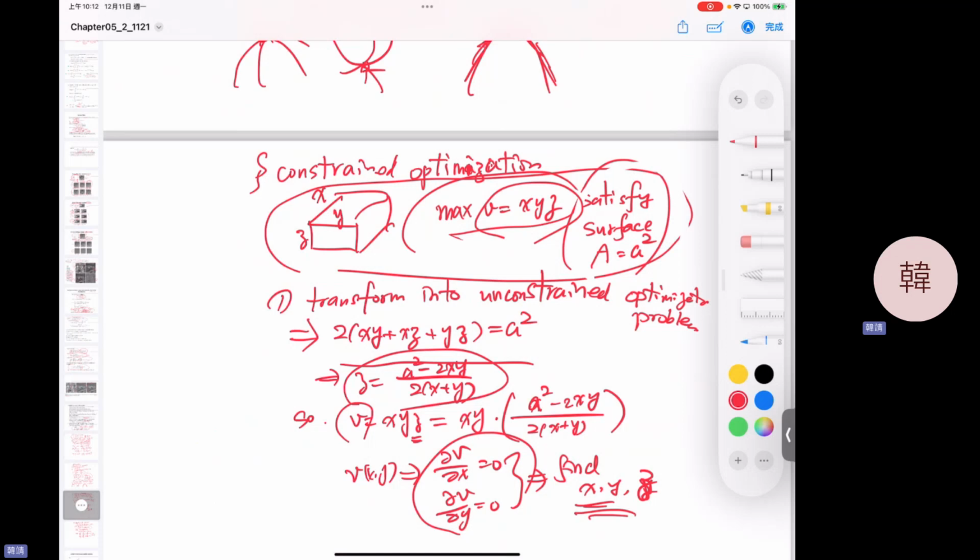So for example, we have this box, and we try to maximize the volume, but we have some constraint condition to satisfy a specific requirement. For example, the surface area of this box is a squared.